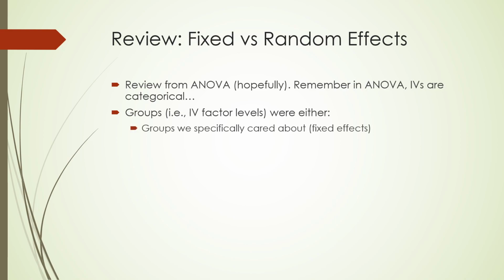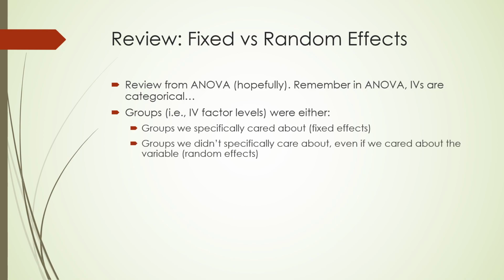Now, these groups were either selected specifically, in which case we'd consider them fixed effects, or these groups were selected randomly, in which case we consider them random effects. What I mean by this is, let's say we're at a company looking at implementing a variety of different marketing strategies.